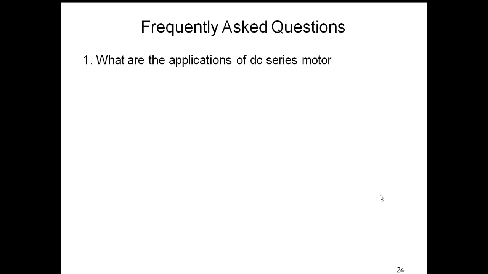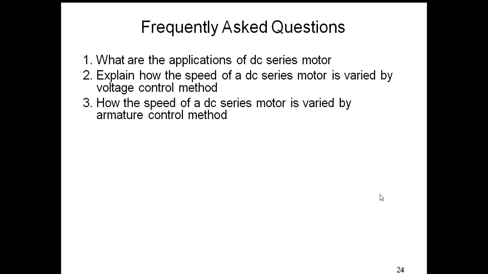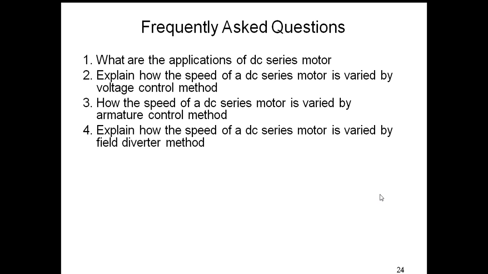First question is, what are the applications of DC series motors? And second one is, explain how the speed of a DC series motor is varied by voltage control method. The third one is how the speed of a DC series motor is varied by armature control method.